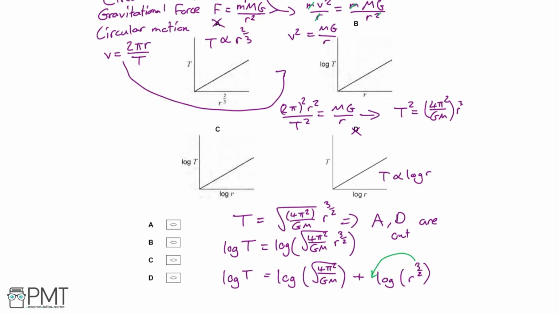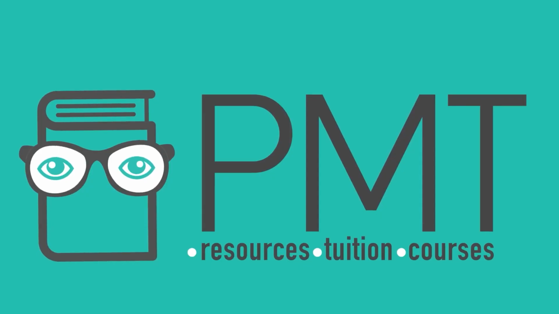So from there, we can write log t is equal to 3 over 2 times log of r plus log of square root 4 pi squared divided by gm. So here, what we see is a straight line relationship between log t and log r. This is consistent with c, and so c is the correct answer.